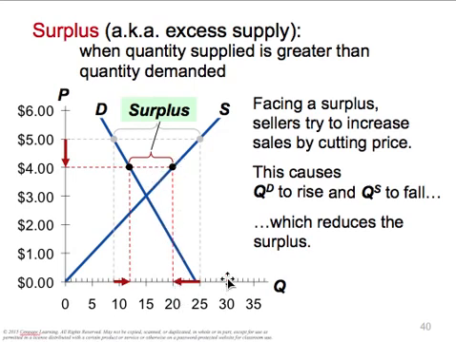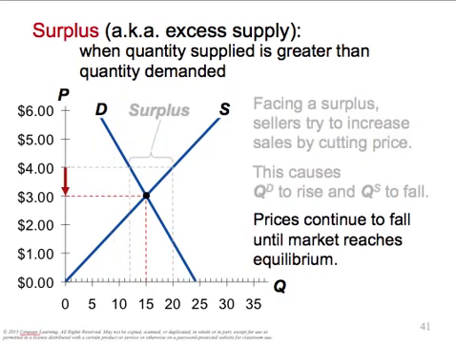So 20 minus 12, you have a surplus of 8. Price continues to fall until the market reaches equilibrium. They went from $5 down to $4. Man, now we still have a surplus of 8 at $4. Let's see if we cut price again, what will happen, and we settle into our equilibrium.